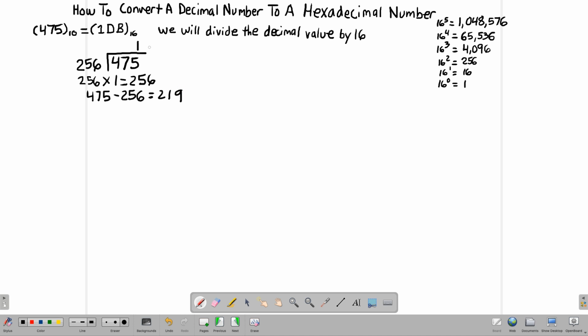So let's indicate that when the division produced a quotient of 1, I want to indicate that here as 1. But let's, at this point, indicate that this is still in decimal form. All right, so our next computation. Let's look at the 219. We're going to take the highest multiple of 16 and divide into 219.